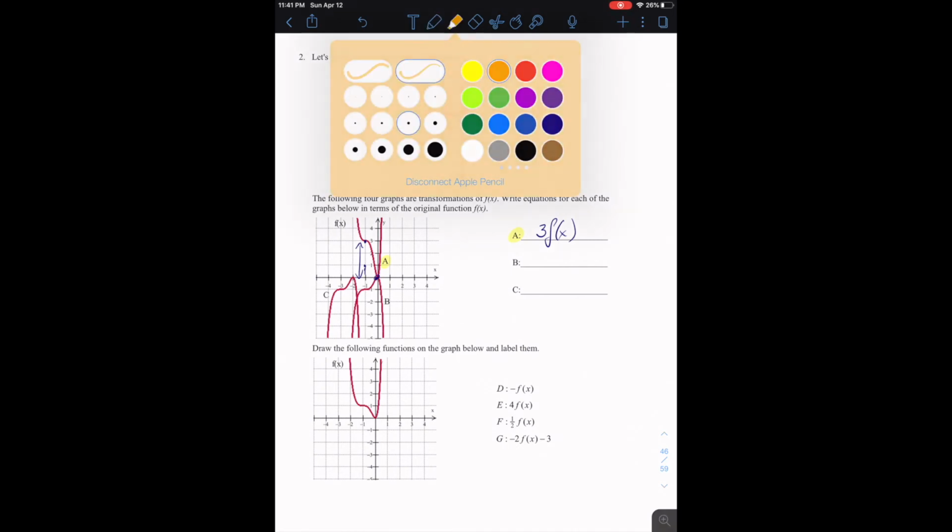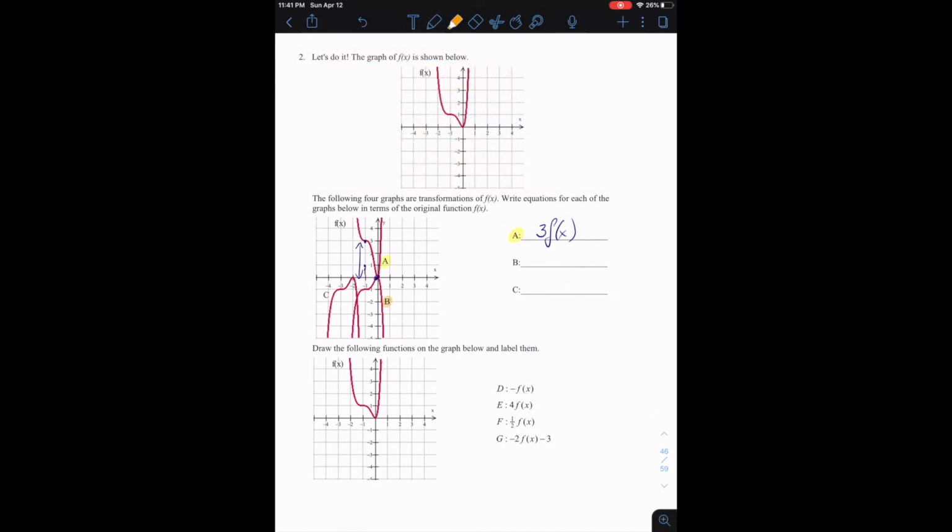How about B? B has the same (0, 0), nothing shifted, but now it's facing down, right? But the values are exactly the same as they were in f of x. So this is the negative. Whatever the function is, it's the negative f of x.